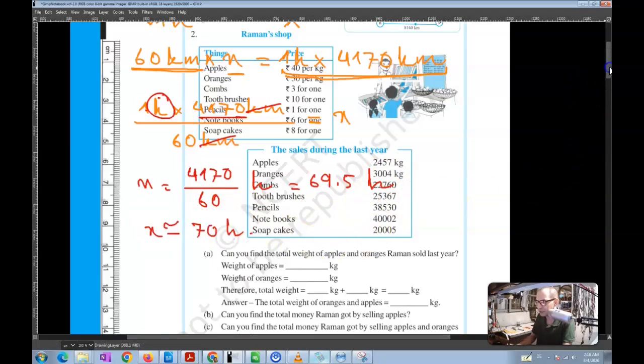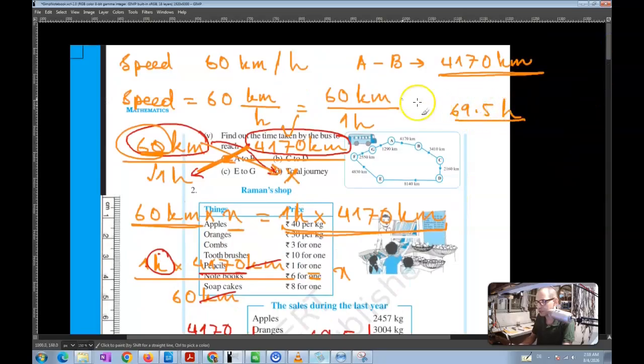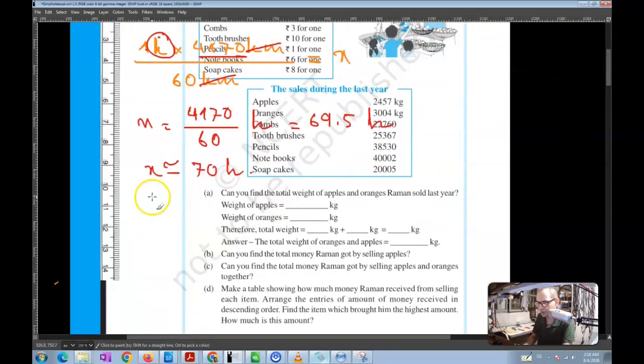And the speed that we had was 60 kilometers per hour. So if the speed of the bus is 60 kilometers per hour, what this means is that in 1 hour the bus covers a distance of 60 kilometers. So then in 70 hours the bus is going to cover 70 times the same distance.